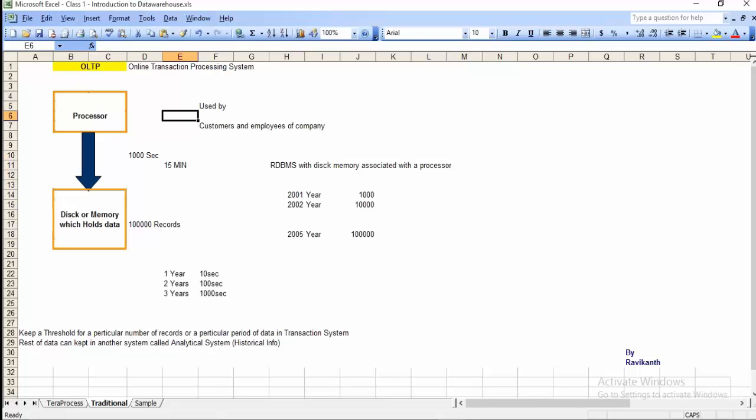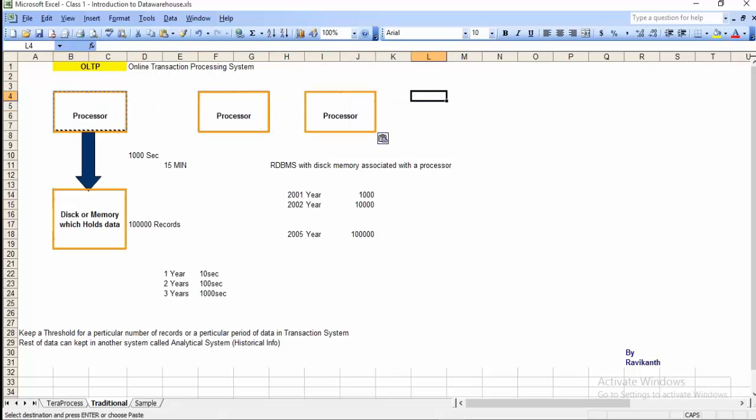There are two solutions. One is you increase your processes in parallel and distribute your load among these processes. That is one solution.